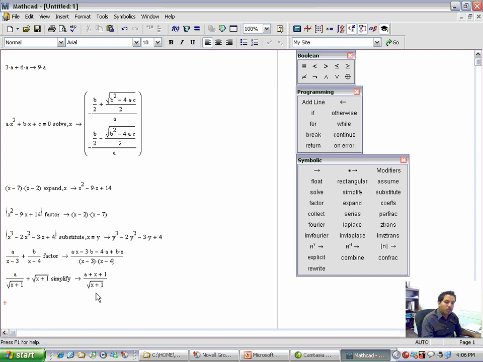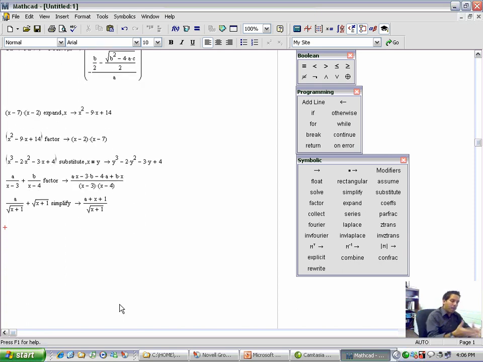A single denominator of square root of x plus 1 and the multiplication through to reach that final expression. So these are apparently very simple operations, but as you can see, every time we hit enter, MathCAD takes a few seconds to actually achieve a solution, and the reason for that is because it's actually very complicated. The software and the decision-making process behind these symbolic operations is very complicated.